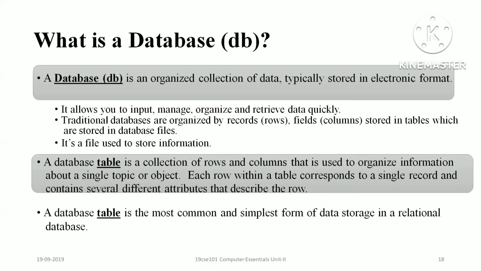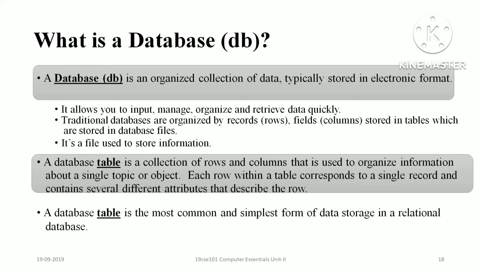Now let's talk about database table. What is database table? Database table is a set of rows and columns, which is used to arrange data on a specific topic or entity. I'll discuss entity and attributes after completing DBMS database.